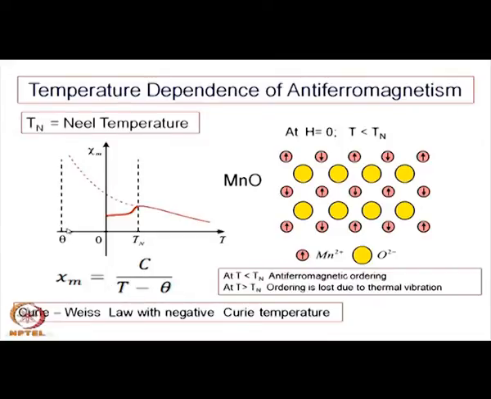Theta is of course this one. Sometimes it is also written as T plus Tc, where Tc is a negative value. So, this is the Curie-Weiss law with negative Curie temperature, but if you take Tn, it becomes T plus Tn. That is the characteristic of the antiferromagnetic oxides, particularly the oxides with rock salt structure.